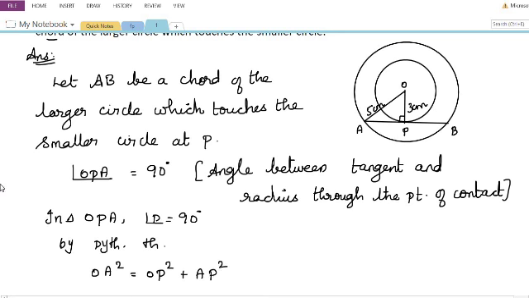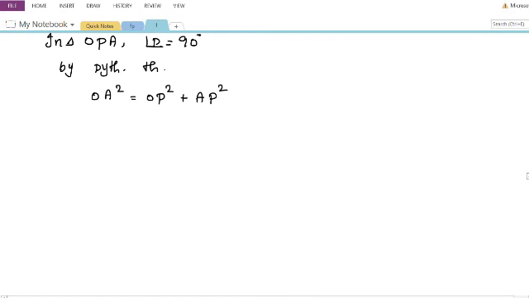So we know that OA is 5 and OP is 3. So instead of OA square, 5 square equals 3 square plus AP square. 5 square 25 equals 3 square is 9 plus AP square.